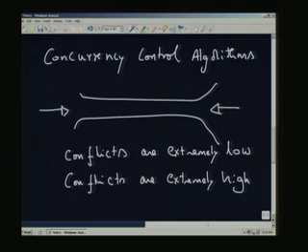Now, when the conflicts are extremely high, we will put some kind of a traffic signal here and ensure only one of the vehicles is in the narrow pass bridge. That means, we ensure that only one of them is going to be inside. If you do not put the traffic lights here, very often two vehicles will get into the bridge and realize they are in conflict and one of them has to backtrack.